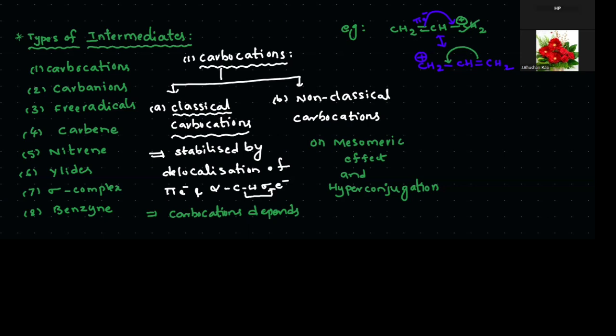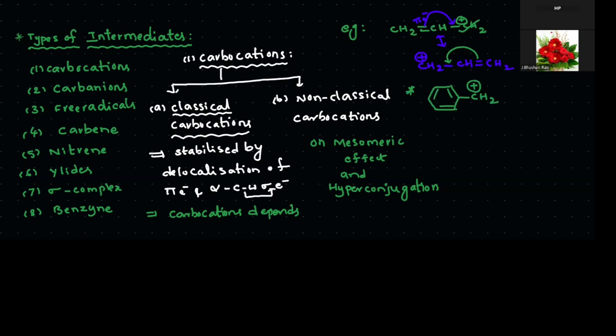Next, another example: CH2 plus. The name of this compound is benzyl carbocation.